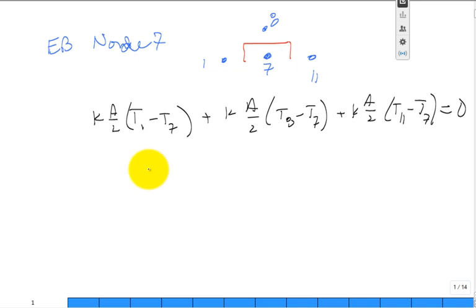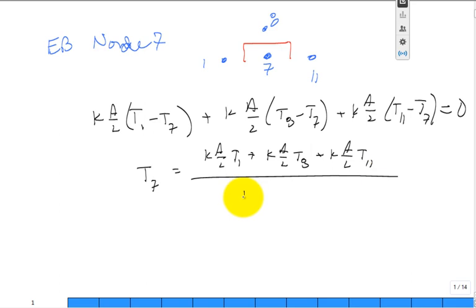Well, I want to rewrite this equation as T7 is equal to, then I'll have KA over L T1 plus KA over L T8 plus KA over L T11 divided by KA over L. I should probably put this associated with node 1, that's associated with node 8, that's associated with node 11.